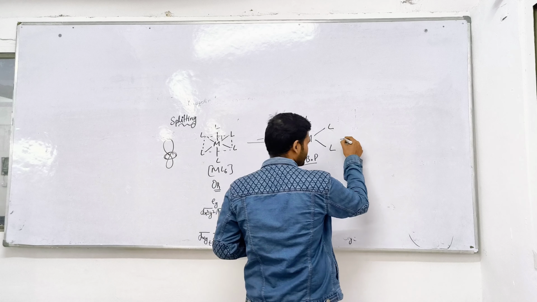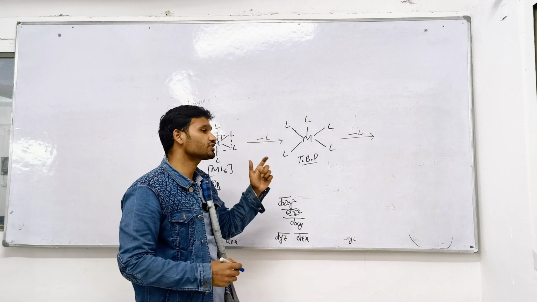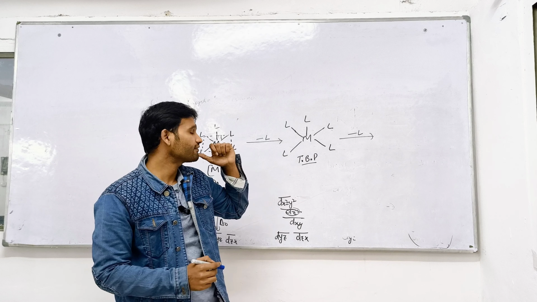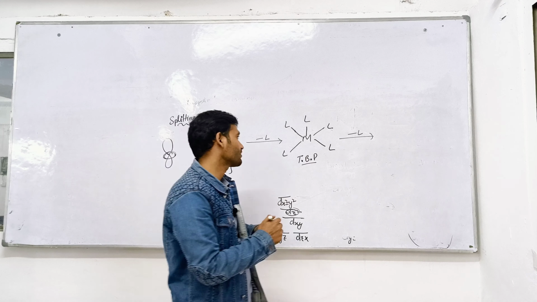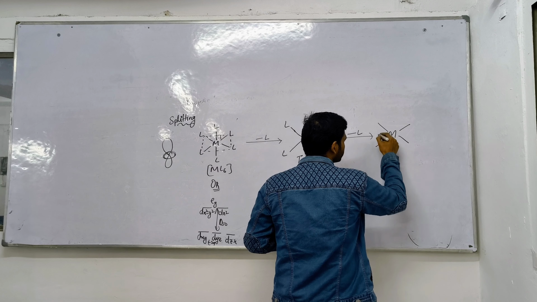When I am moving further, suppose I remove this ligand also. The ligands which are directly facing the d orbitals of the metal, I have removed all of them. So I came to square planar geometry.